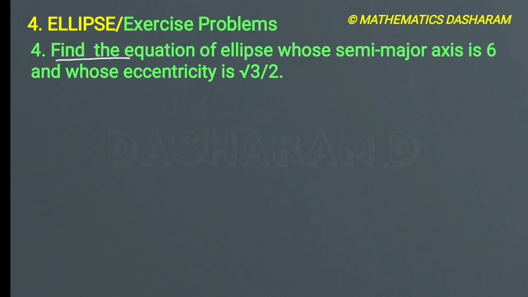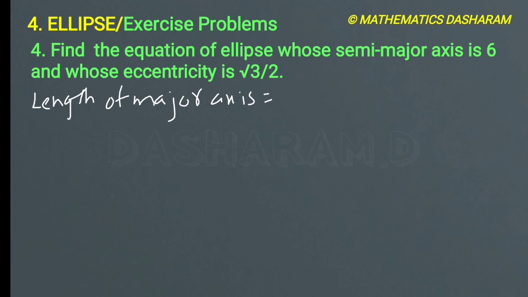Fourth question, find the equation of an ellipse whose semi-major axis is 6 and whose eccentricity is root 3 by 2. So the length of a major axis formula is 2a, but in the question he gave the length of a semi-major axis.